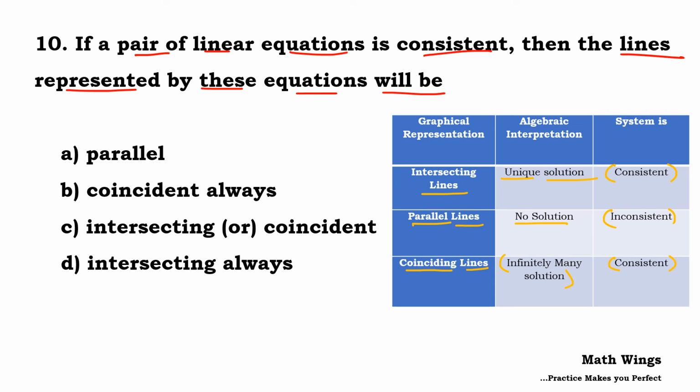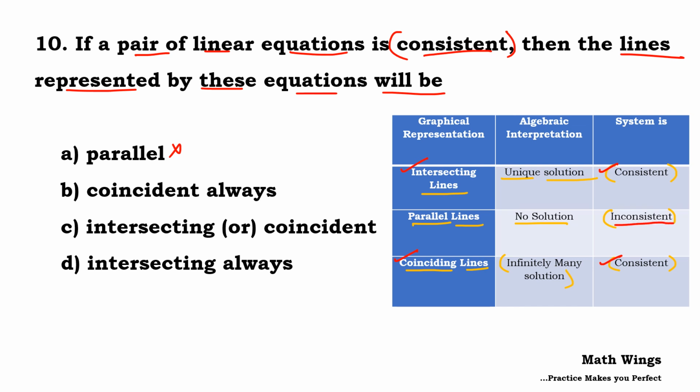So if you observe, the system is consistent in two conditions, that is when we have intersecting lines as well as when we have coinciding lines.